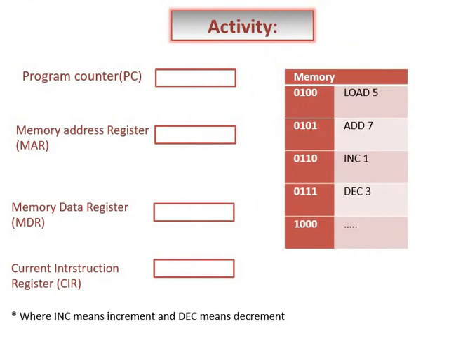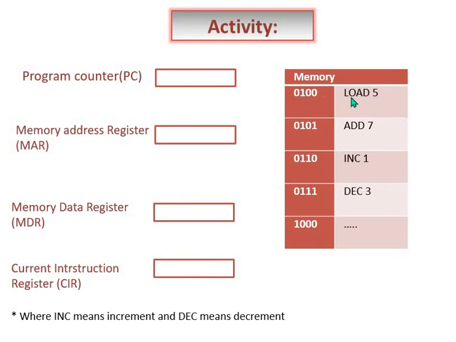Now you have an activity to do. On the right hand side I have some values. It is a part of a memory in which instructions are there. These are memory addresses and these are instructions.